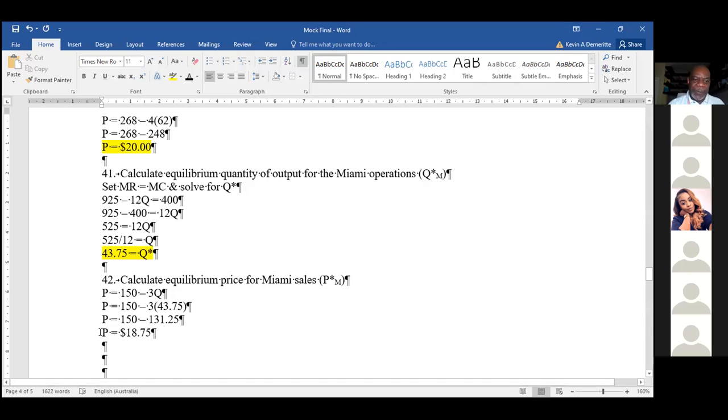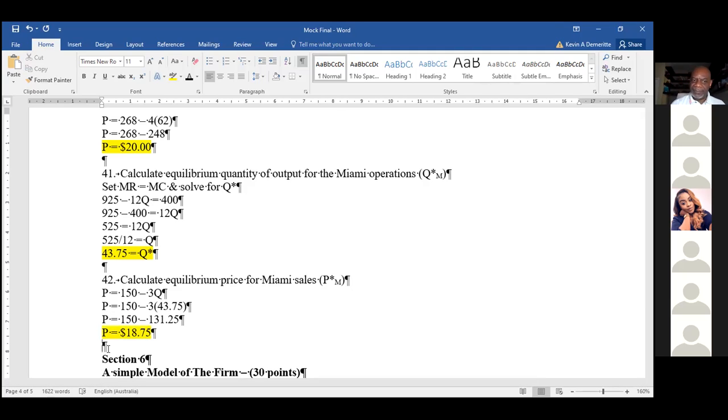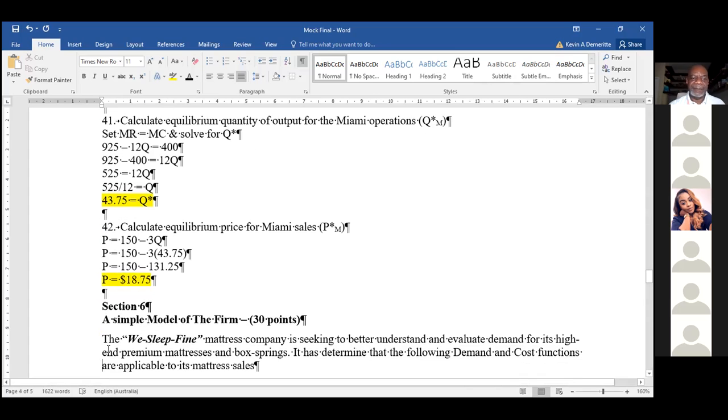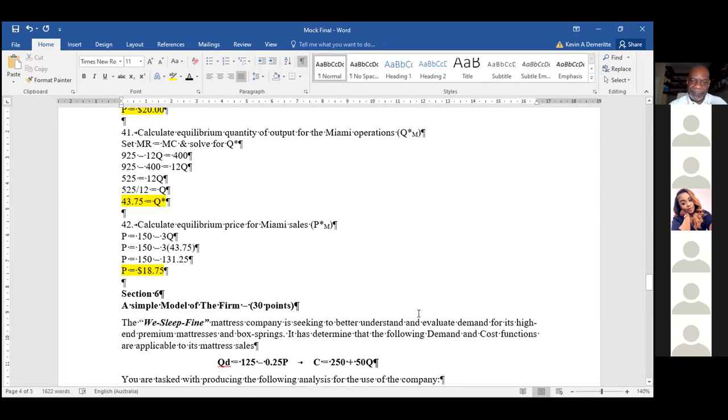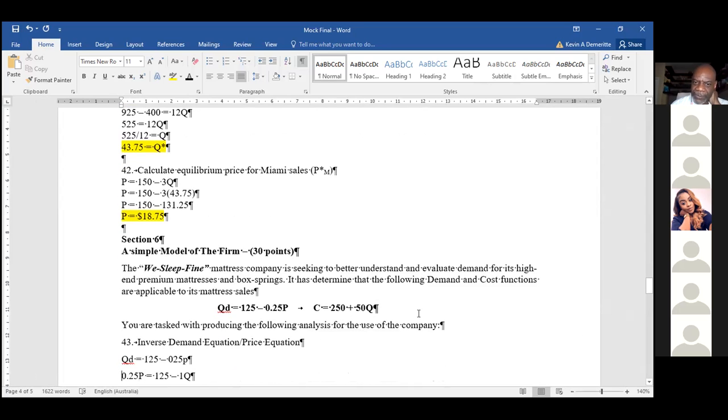So we can charge our Nassau people $20, but for our Miami people, we can't charge more than $18.75. Okay. Any questions before we go back to our simple model of the firm? Pretty simple. And I will email this to everybody when we're done.